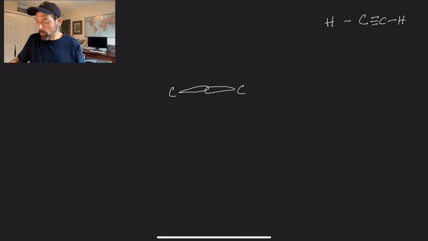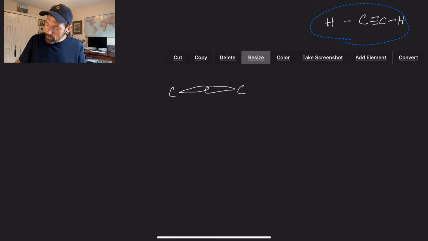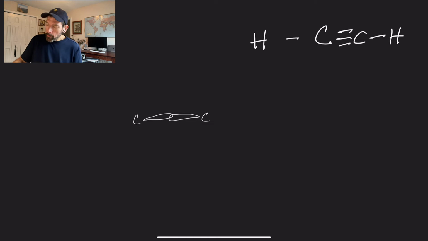So taking a look at a spatial model, we've got carbon that we know is bonded to another carbon atom, right? Let me resize this. Let me keep consistent with my colors.